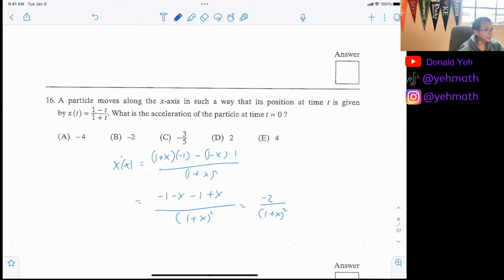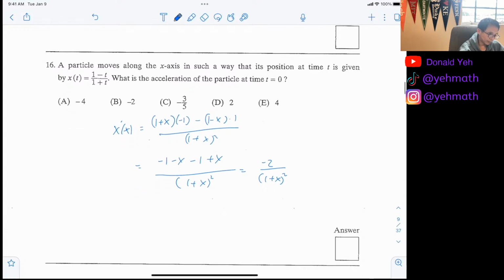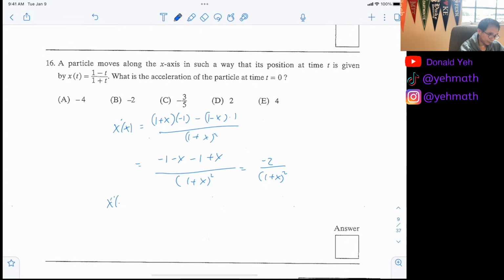Did you take the first derivative correctly? Yeah, I get it. And then what do you do next? You're going to take a second derivative, because that's only the velocity and you have to take a second derivative.